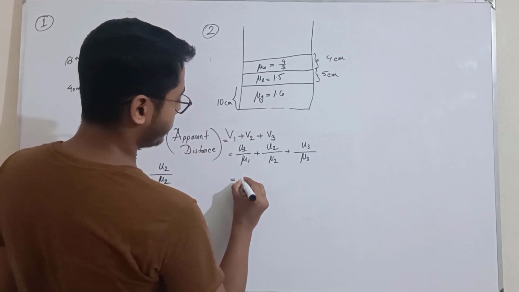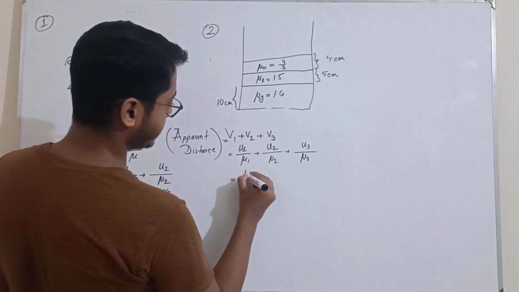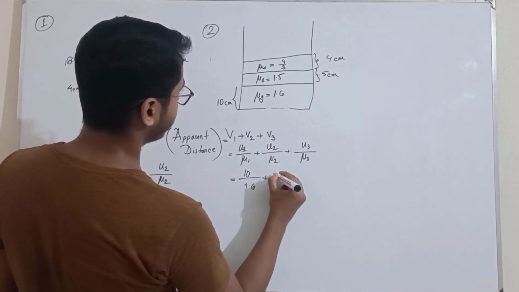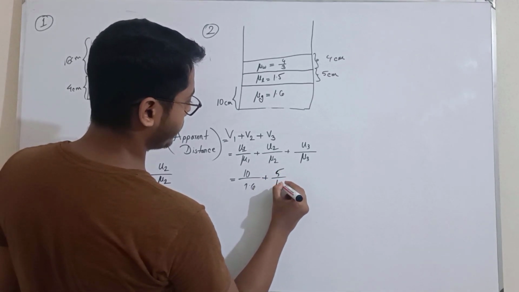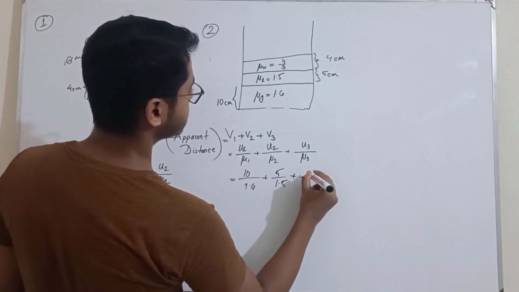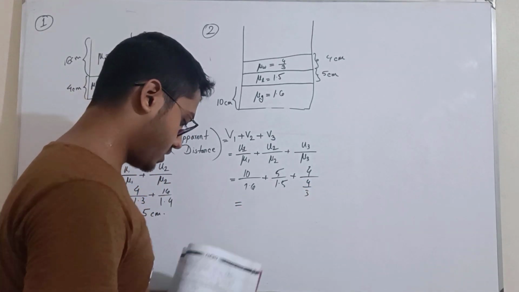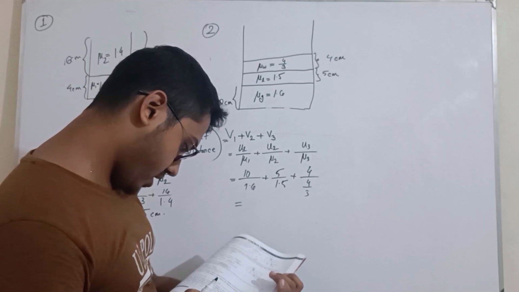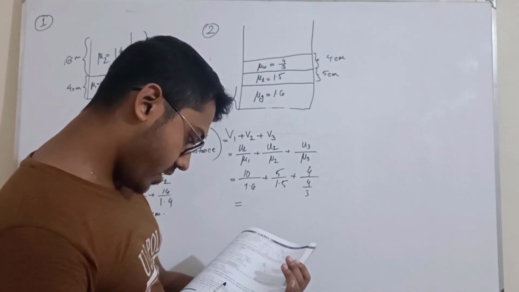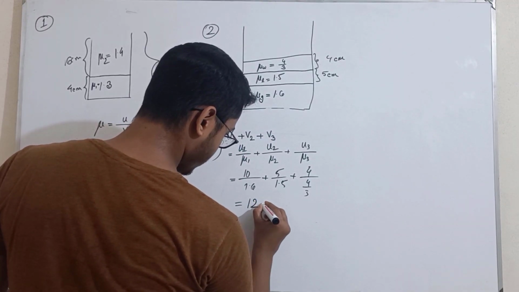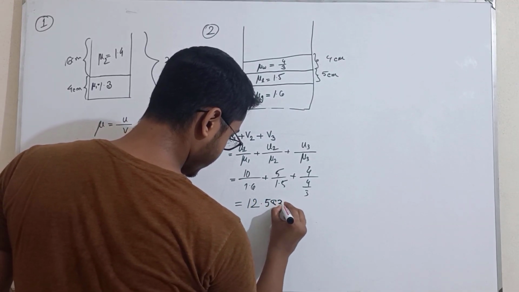For the first layer we have 10 centimeter thickness and 1.6, plus 5 centimeter by 1.5, plus 4 centimeter by 4/3, and on calculating we will get a value of 12.583.